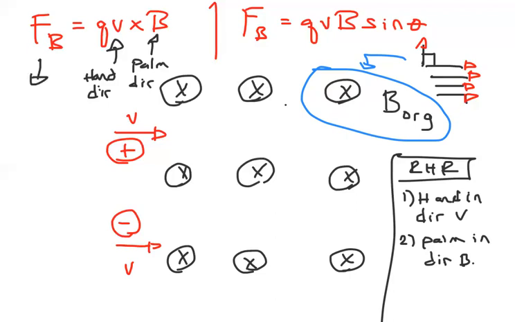But like I said, if you're starting with your hand like this, right, and you keep your hand like this as you orient your palm, never take your hand out of this orientation as you orient your palm, then your thumb will already be in the direction of FB. And then you can lightly curl your hand if you want to, but you don't necessarily need to.